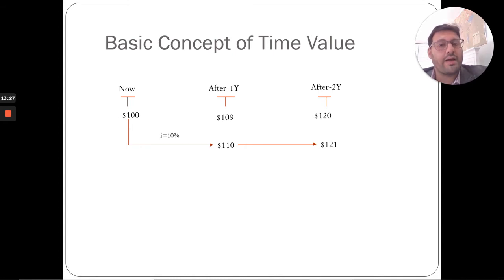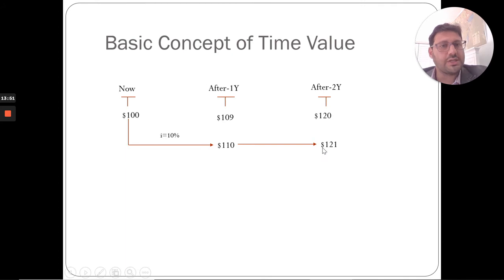And why $11? Why not 10? Because now we have the interest on which the interest is earned in the next period. So in the first year we have only $100, but in the second year now we have $110 at which the 10% interest will be calculated. So 110 multiplied by 1 plus 10%.